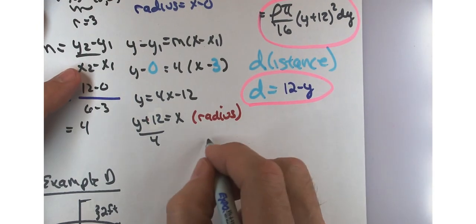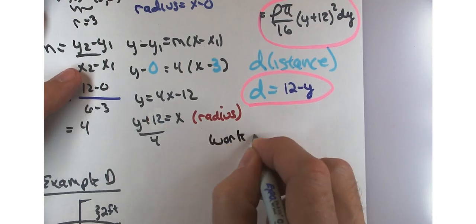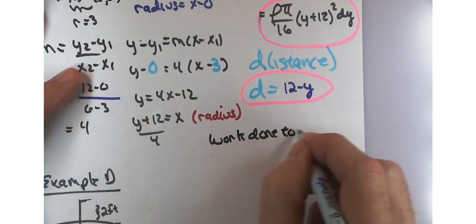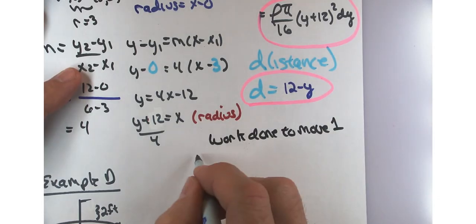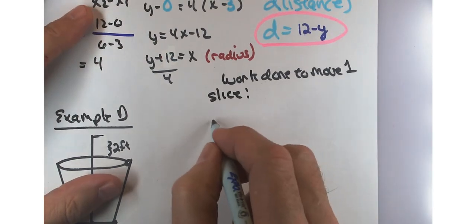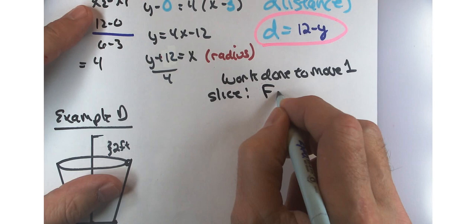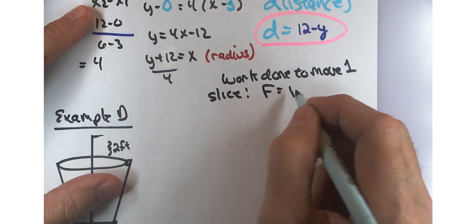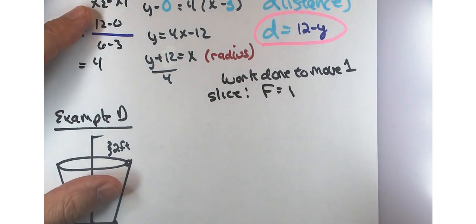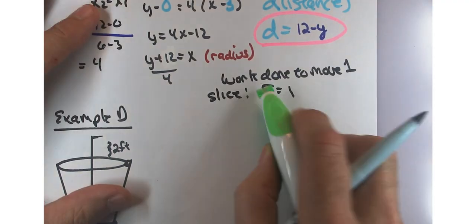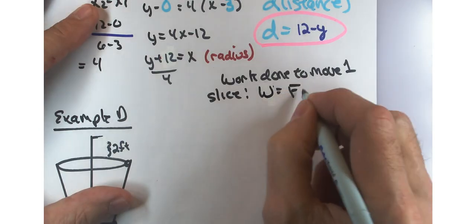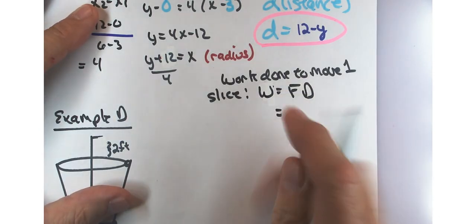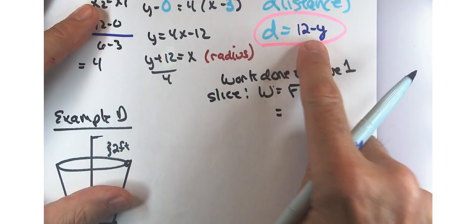So the work done to move one slice is going to be this. Typo here, W equals force times distance, which is going to be all this times this.